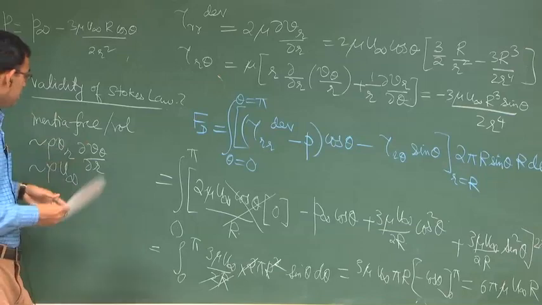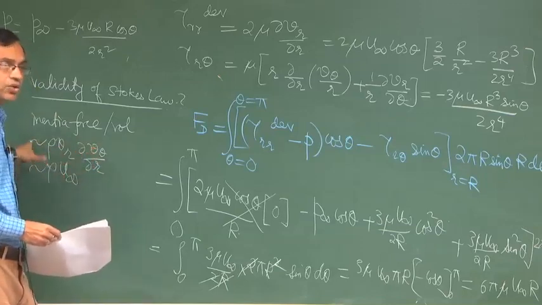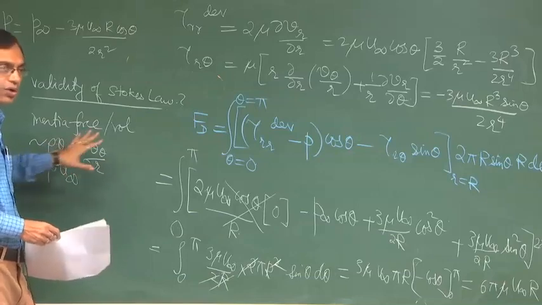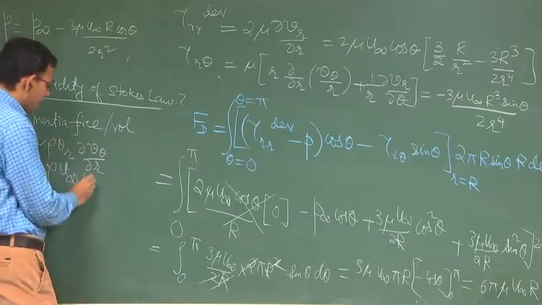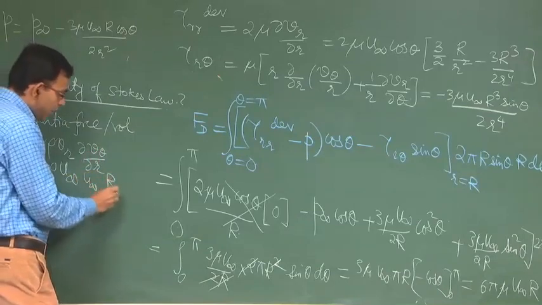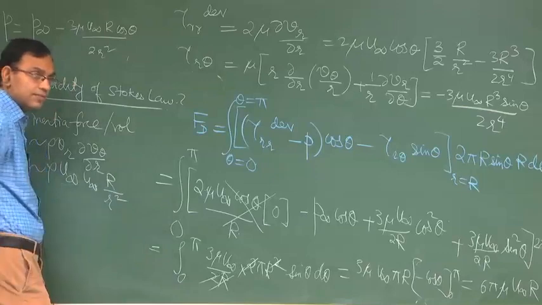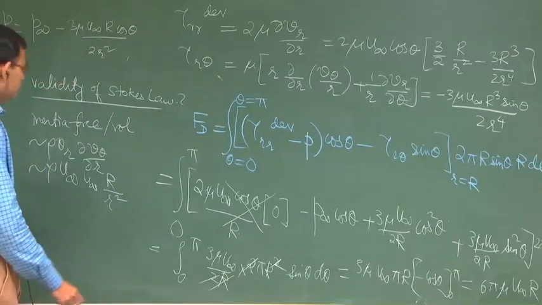See, this is order of magnitude, so whether 3/4, 3/2, all those things are not mattering. So, u infinity into capital R by small r, when differentiated with respect to small r, will become of the order of this, right. This is the inertia force per unit volume.